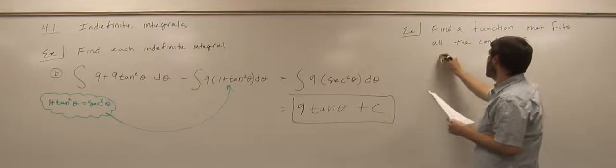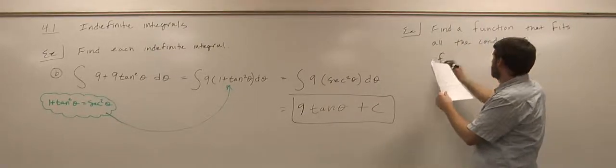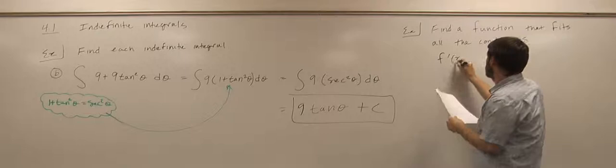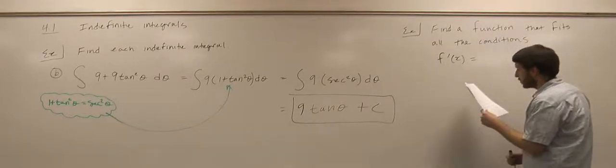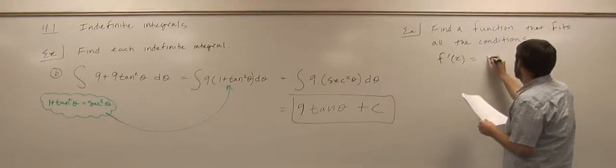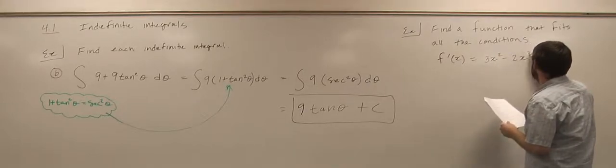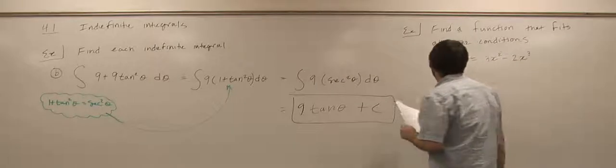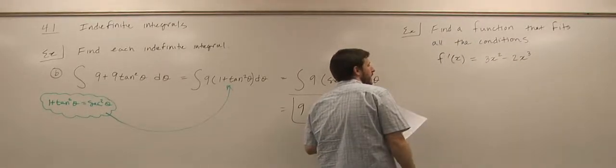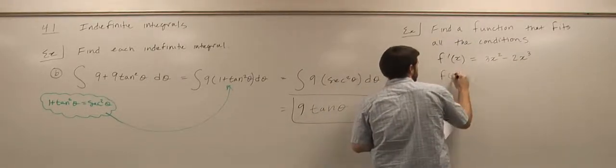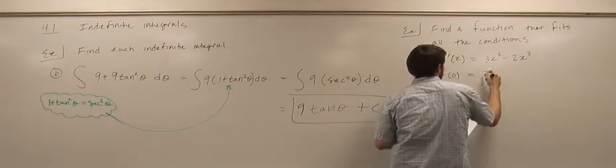I'm going to give you that f prime of x is equal to 3x squared minus 2x cubed. And then I'm going to tell you that f of 0 is equal to 7.